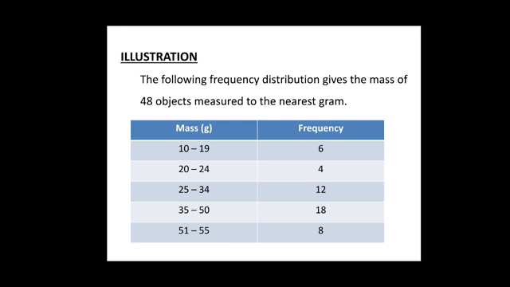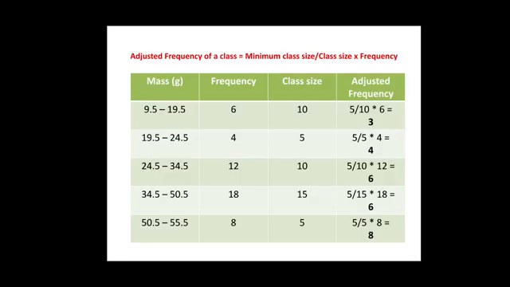Moreover, the data in this table are in the form of an inclusive series. So, before constructing a histogram for this data set, we need to adjust the frequencies of unequal class intervals. We also need to convert the inclusive data series into exclusive series. Now look at the table given in this slide.